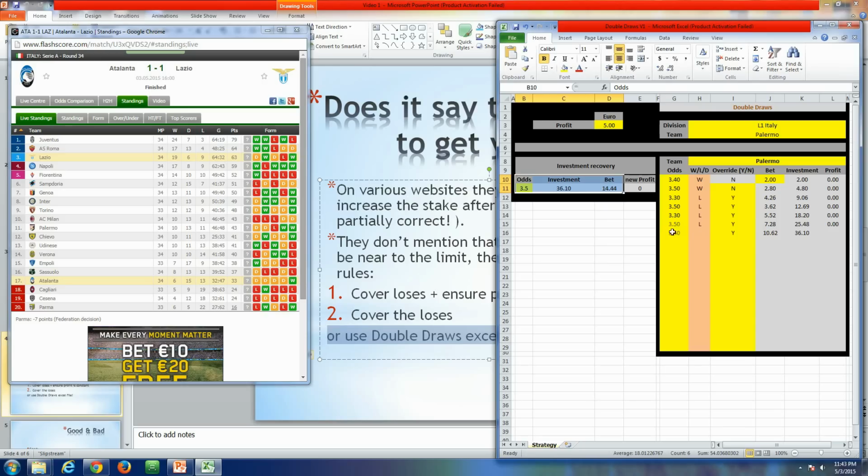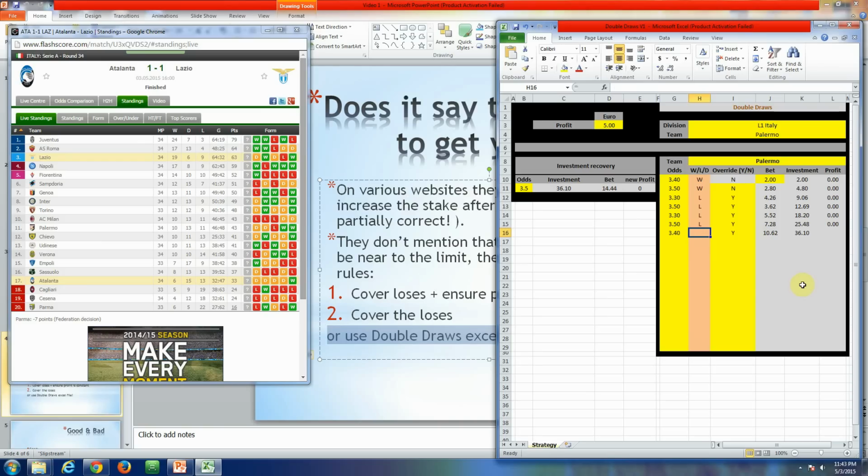Okay, you have a bet in progress, you have already the odds for the next game, and you see if assuming this bet will be lost, this is the next bet that you should put against these odds. Okay, this is very good for you to anticipate and to see the investment, which is the same as here, and the next bet.